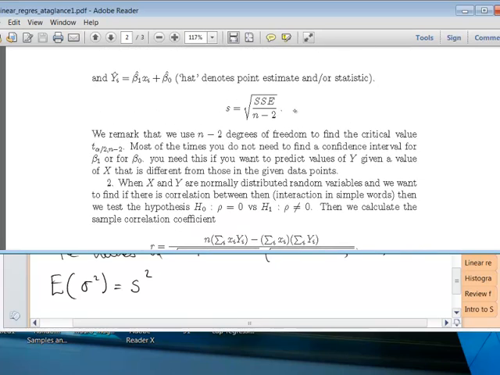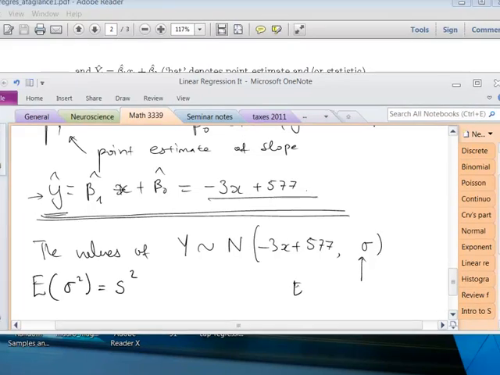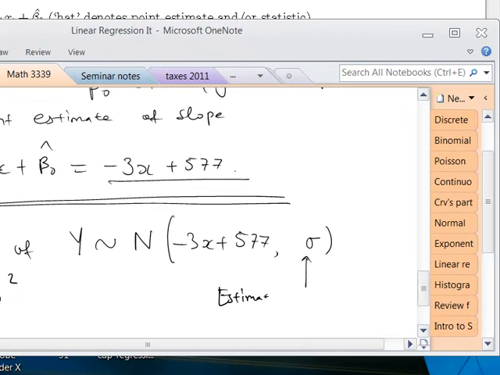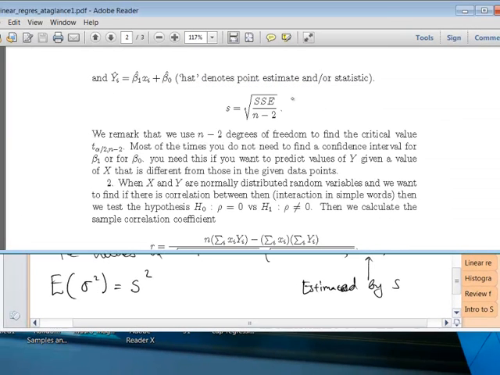This value is the error or noise level, as we call it. This is estimated by S, and S is given in this formula here.